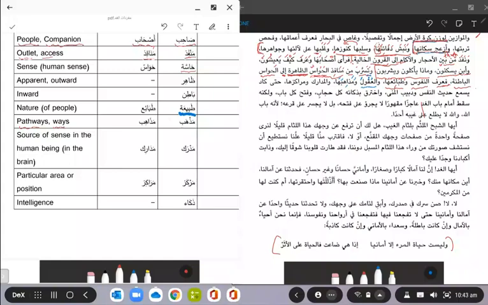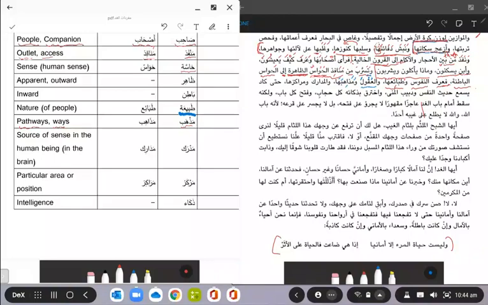What do you think is the root? Very common word. Madhab, madahib. In terms of sarf, what kind of a word is it? So dhahaba, dha, ha, and ba. Very good.